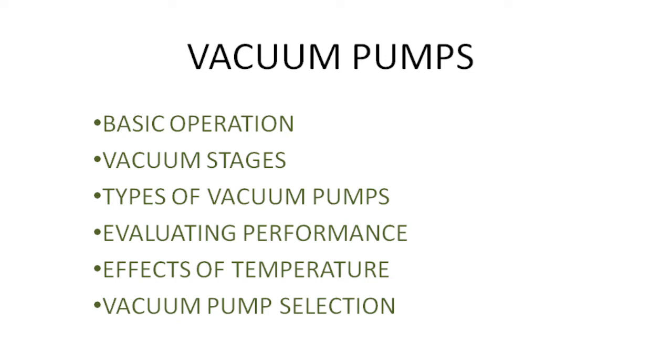Environmental temperature matters for ambient temperature above 100 degrees Fahrenheit, or near 38 degrees Celsius. For ambient temperature above 38 degrees Celsius, select a pump rated for higher vacuum operation and provide some external cooling. Now the second important consideration is internal pump temperature.